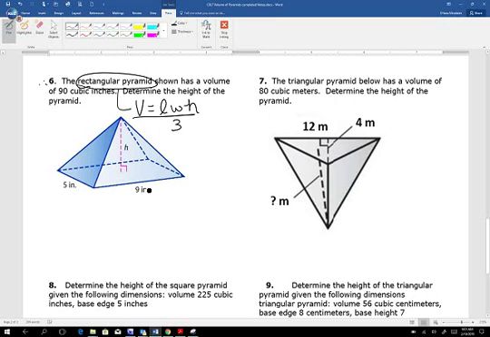We then need to substitute the information they are giving us in the problem for the volume, length, width, and height to determine the unknown.